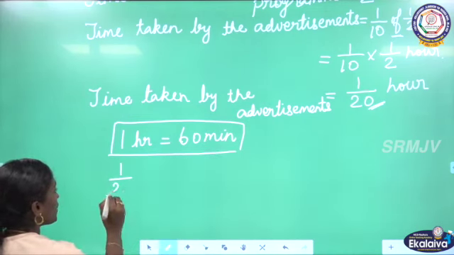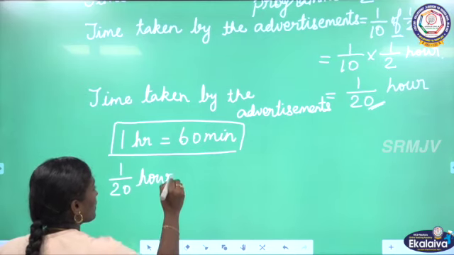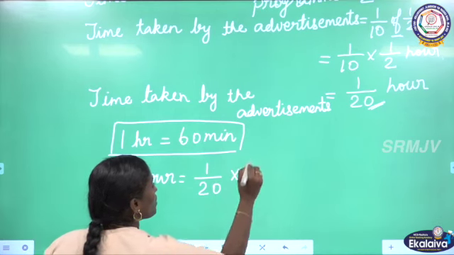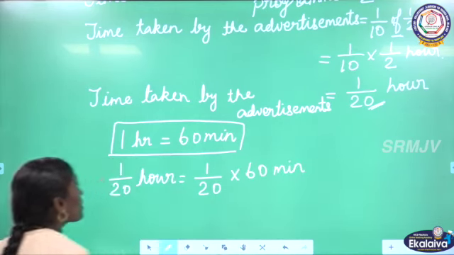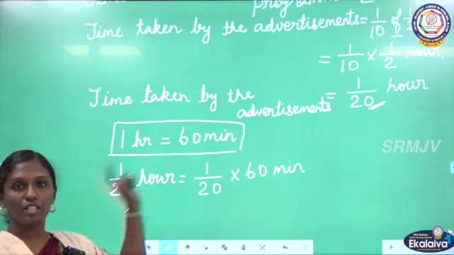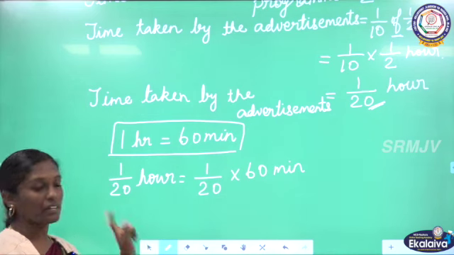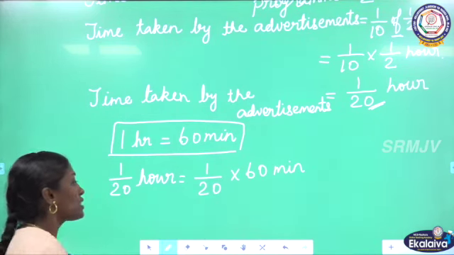So 1/20 hour is equal to 1/20 into 60 minutes. Okay. Here we know that 1 hour is equal to 60 minutes. Now we are having 1/20 hour. To convert it into minutes, we are multiplying it by 60.